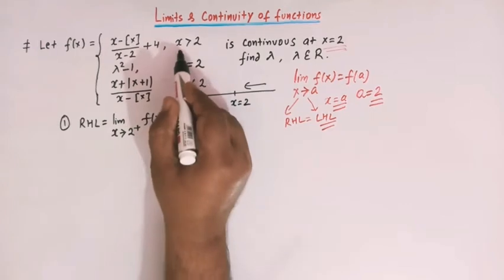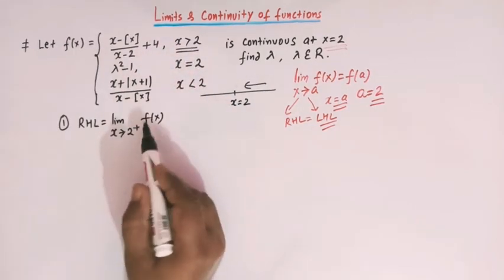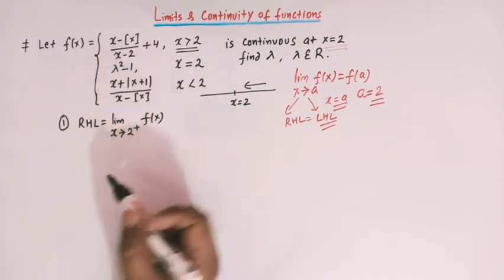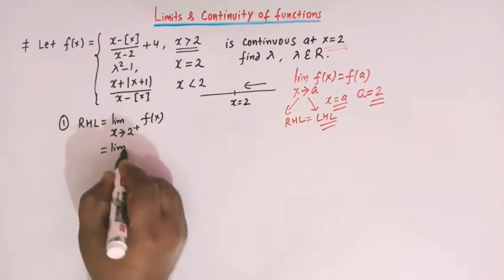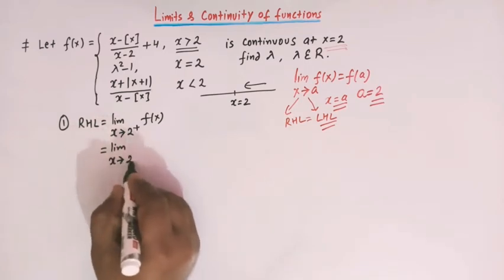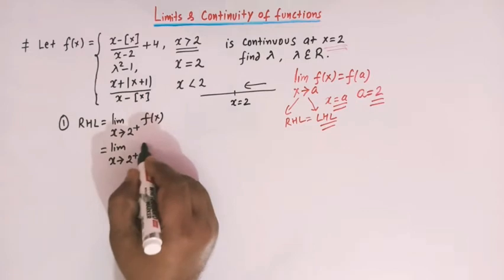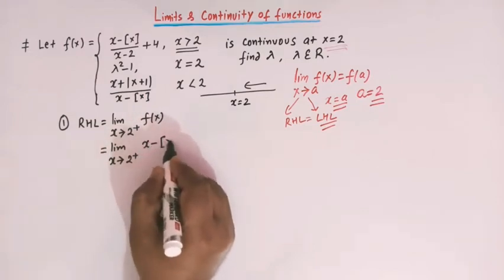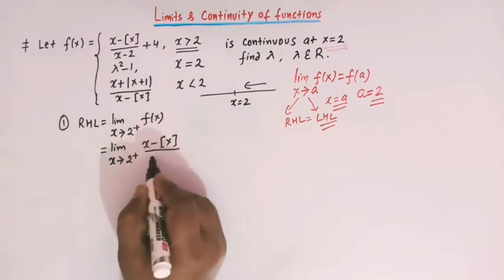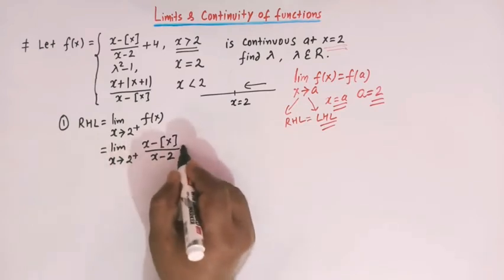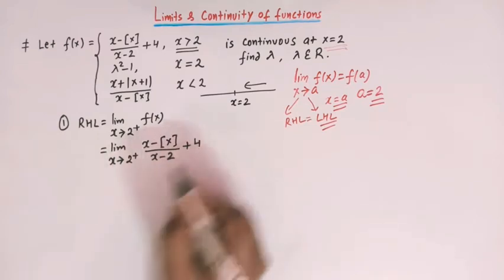So here we'll take f of x as this function. Now we can write limit x tends to 2 plus, and for f of x we can write (x minus greatest integer x) over (x minus 2) plus 4.